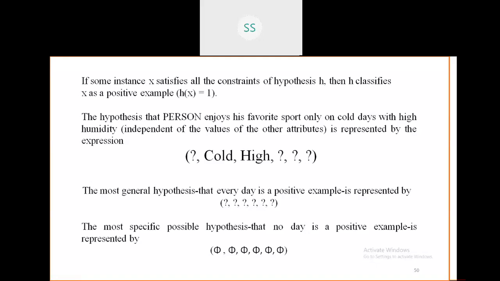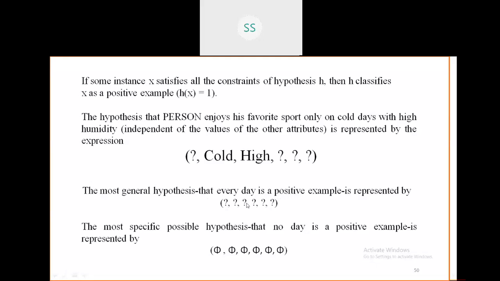It doesn't matter whether it is sunny or rainy, cold or warm, humidity high or low, wind less or more, water warm or cold, or whether the weather is going to change or not. We are going to play the game. In other words, every day is treated as a positive example.